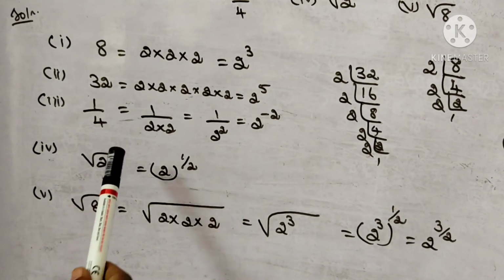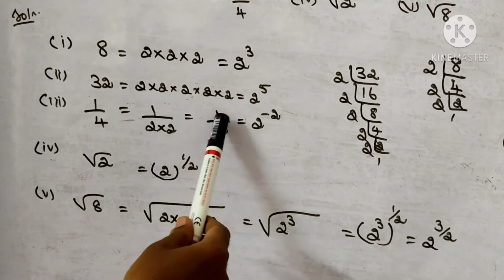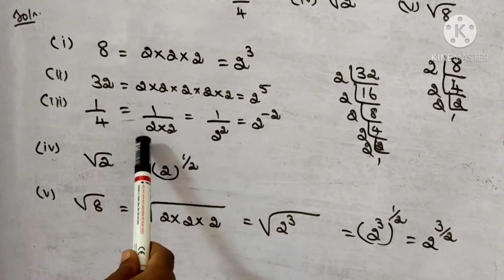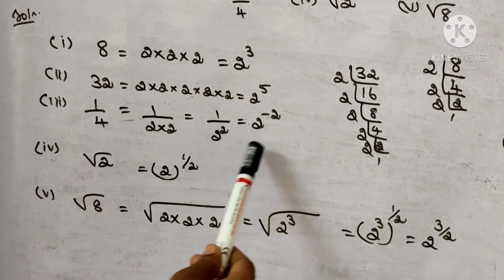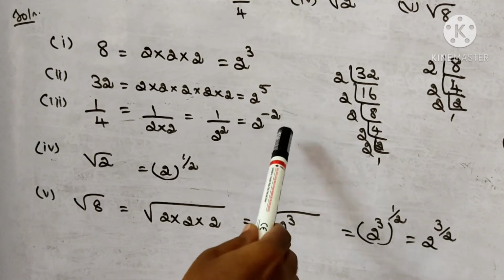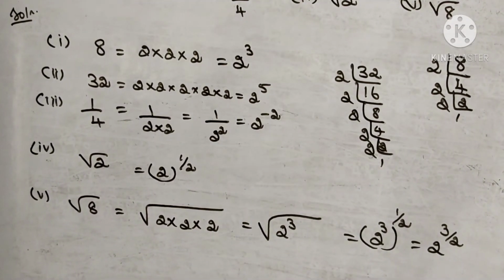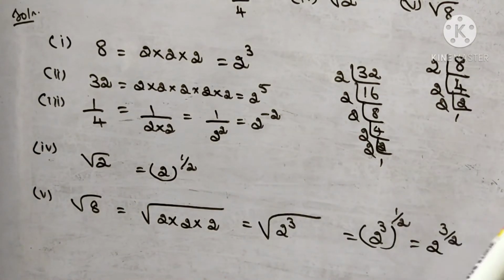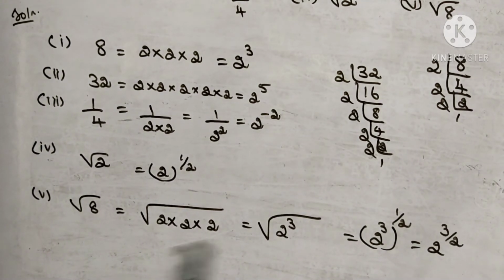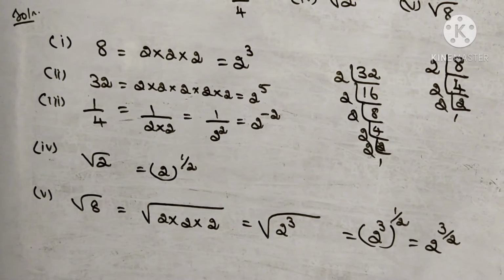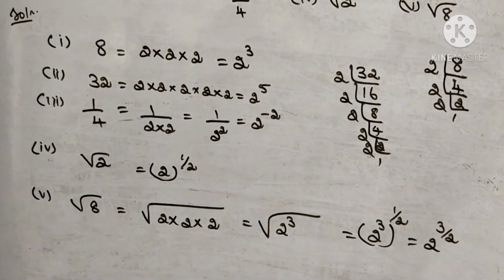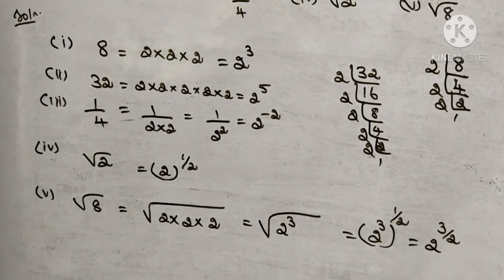And 1 by 4 is 1 by 2 into 2, so in the denominator we get 1 by 2 squared. Write in the inverse form, which is 2 power minus 2. We use the result I already explained. And root 2, the symbolic form, is 2 power 1 by 2.